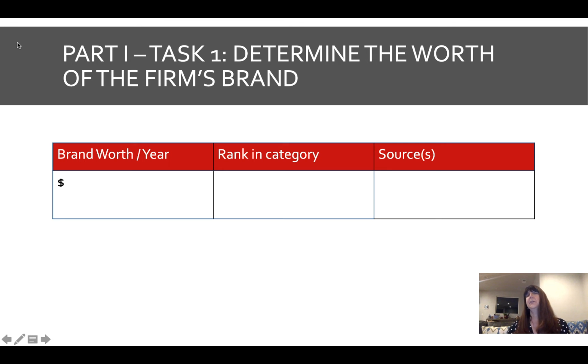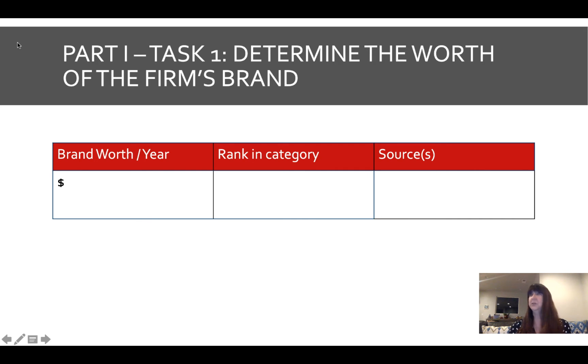What I want you to do is attempt as a consultant to determine the worth of a brand. And you're like, well, how do I do this? The equity of a brand is generally looked at if you were going to sell your company, or if somebody wanted to evaluate your company for an investor's stake.